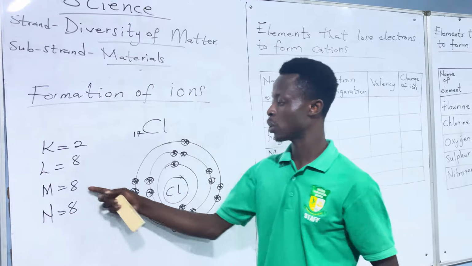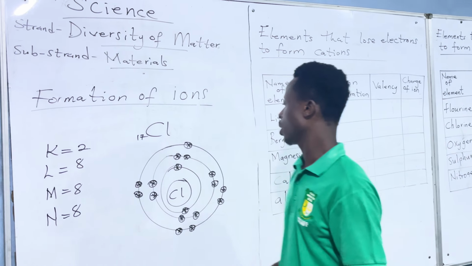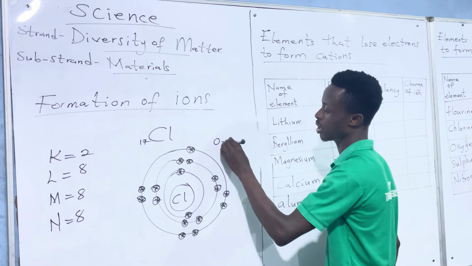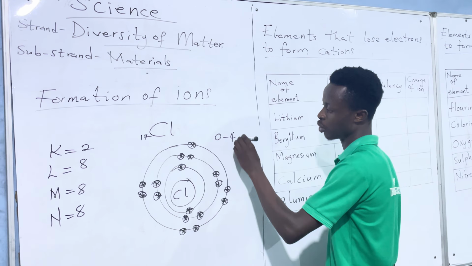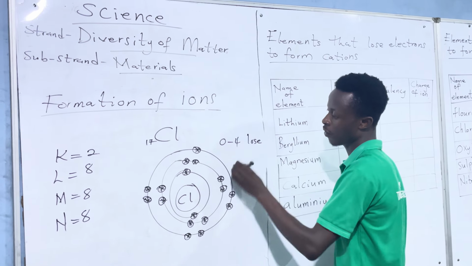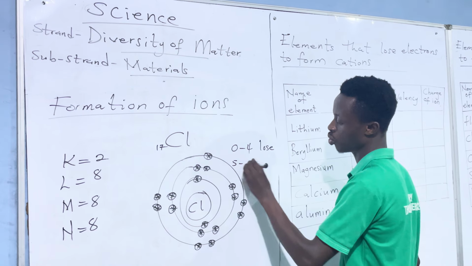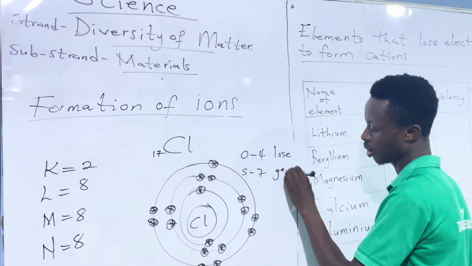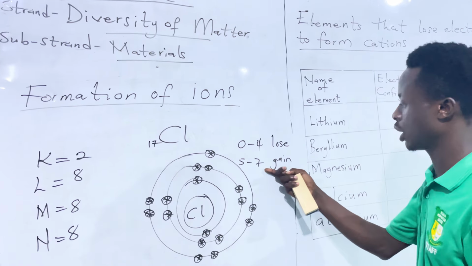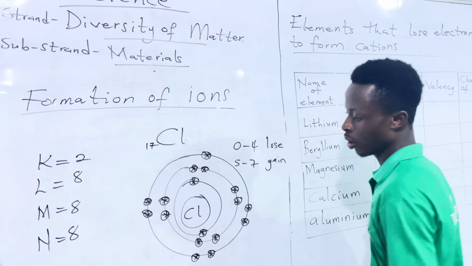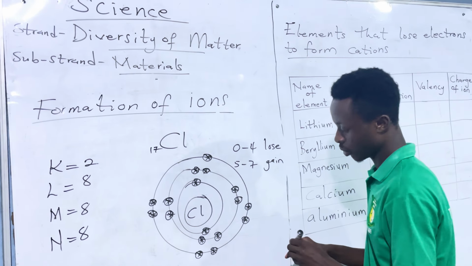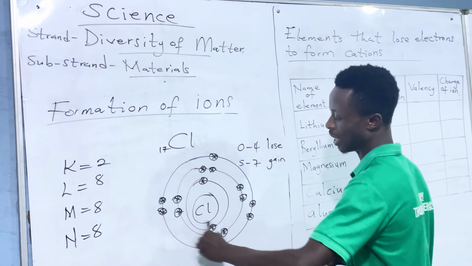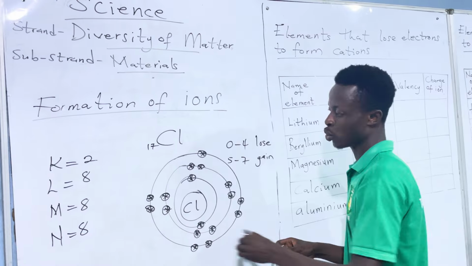So for it to respect this rule, we look at the range. From 0 to 4, it has to lose. From 5 to 7, it has to gain. So we are in this range. This atom is going to gain 1 electron for it to be stable.